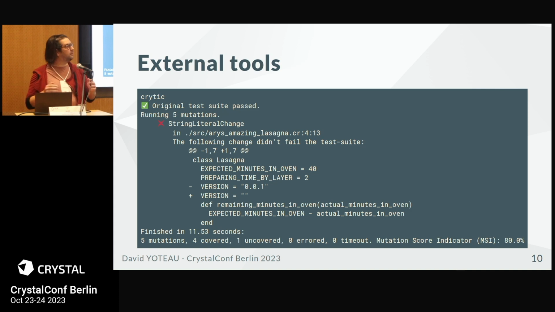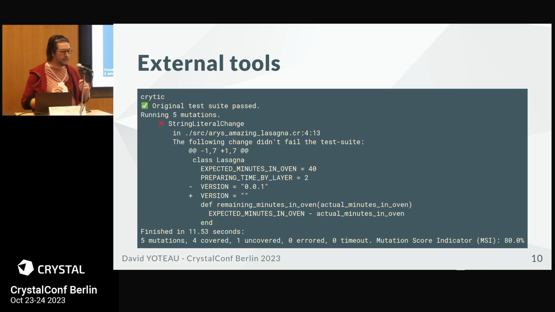If one of the specs fails, Crytic is happy, the mutation is killed. If all tests pass, we have a surviving mutant, and it fails.